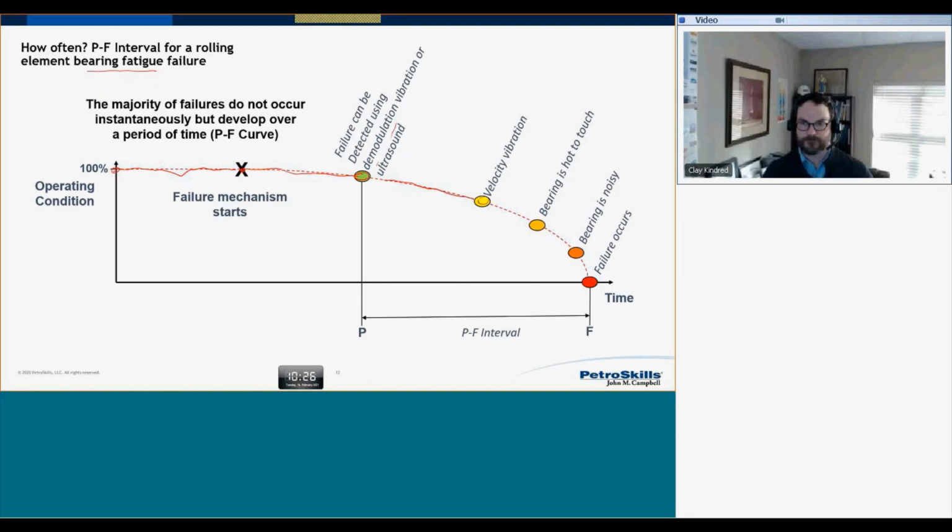So maybe what you could do is use a really simple vibration analyzer, maybe one of those VIB pens that just gives you an overall vibration level. It'll work, but it won't work as quickly, and it won't give you as much warning as the demodulation. If you don't want to invest in this, maybe you just say to the operator, look, when you do your rounds, just get your hand on the bearing, just touch it, just make sure it's not too hot.